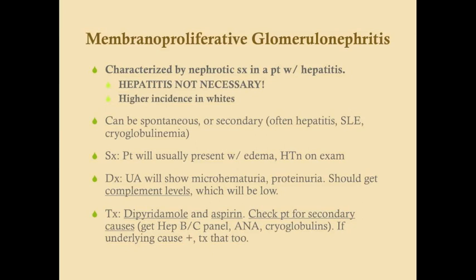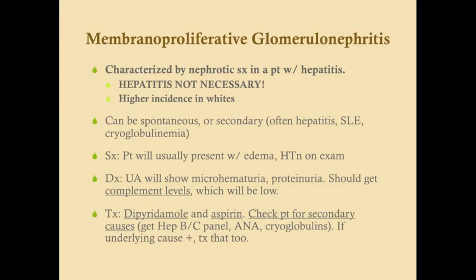Membranoproliferative glomerulonephritis. This is common in patients with hepatitis, but it's certainly not necessary, and it tends to be a higher incidence in whites. So membranoproliferative glomerulonephritis, besides being 40 syllables long, can be spontaneous or it can be secondary.